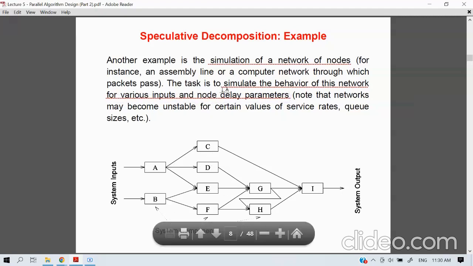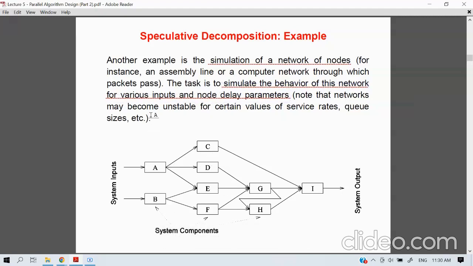The task is to simulate the behavior of this network for various inputs and node delay parameters. From this packet, we don't know which one has a node delay parameter, kan? So we need to speculate. We need to assume which one might have the delay and so on.